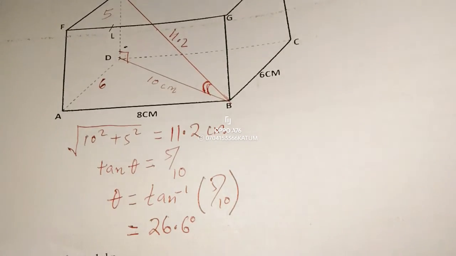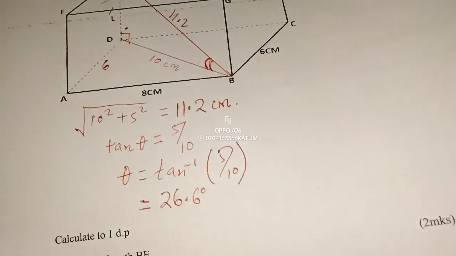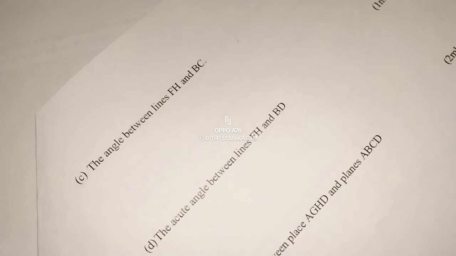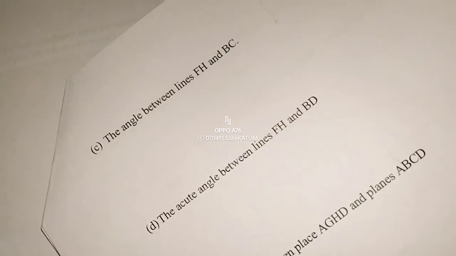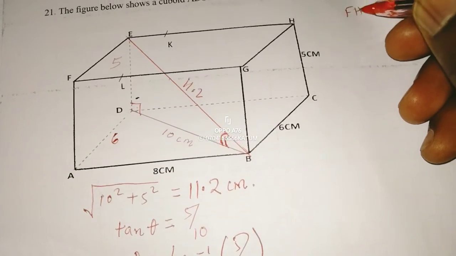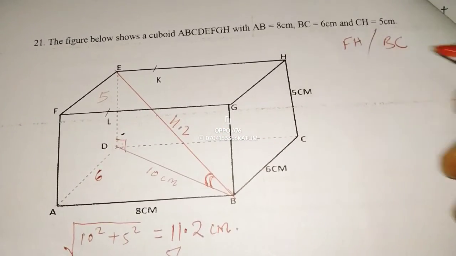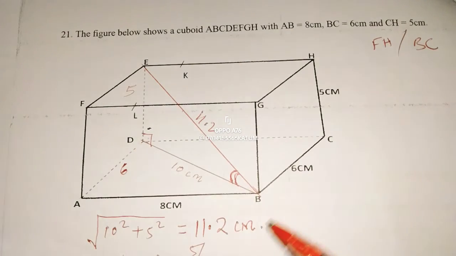The other thing we are told to calculate, it is on the next page, whereby we are told to determine the angle between FH and BC. So FH and BC, these are two lines, the angle between them. FH is a line here.